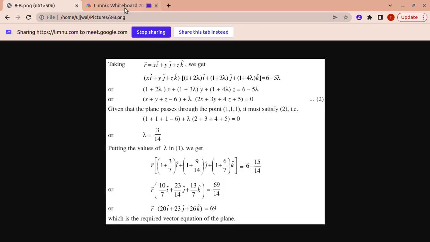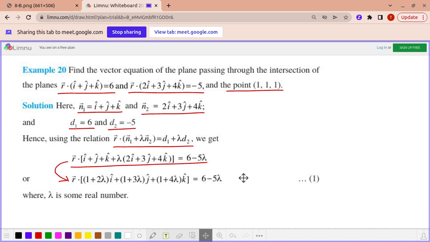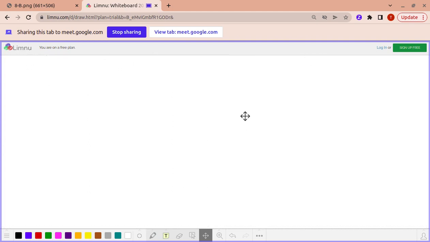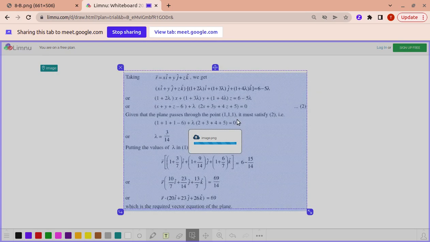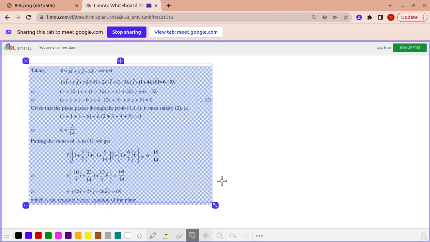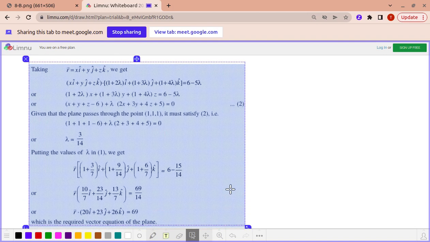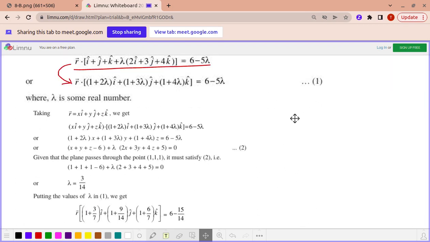Now as r is a vector, we can consider this equal to x i cap plus y j cap plus z k cap, and after that we apply it here and from the previous equation we get this equation. Okay, so let me go back to the previous equation, dear students.